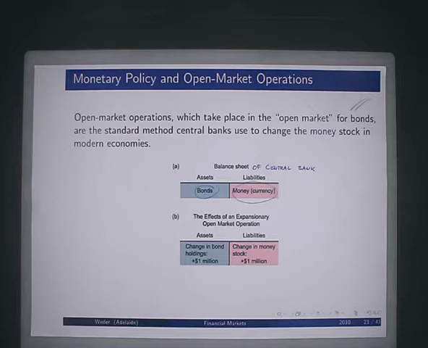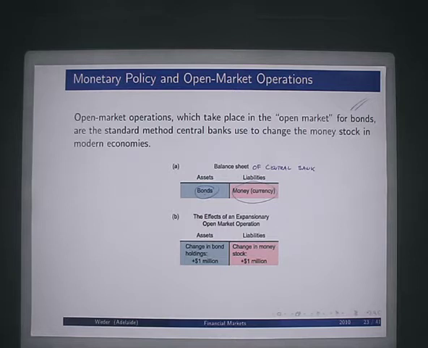What do they do? They buy bonds. Here, as in the example, say $1 million of bonds. Okay? So their assets go up by $1 million. Of course, they have to pay for it. Nobody gives them these bonds for nothing. And they pay for them by using their currency, Australian dollars.